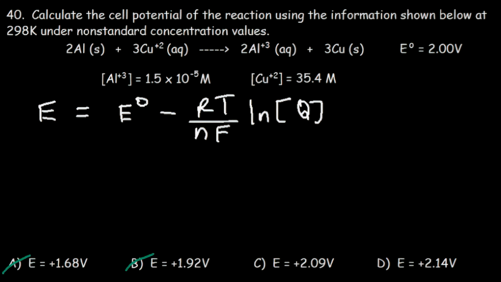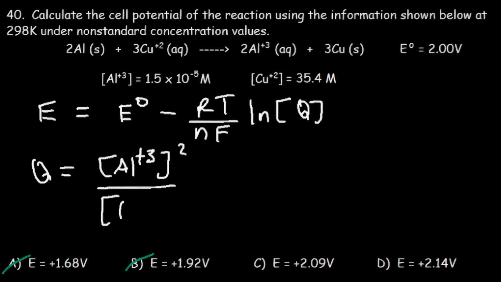It's very similar to K, but it's associated with initial concentration values. So Q is the ratio of the aluminum plus 3 ion squared over Cu plus 2 raised to the third power. The coefficients turn into exponents.